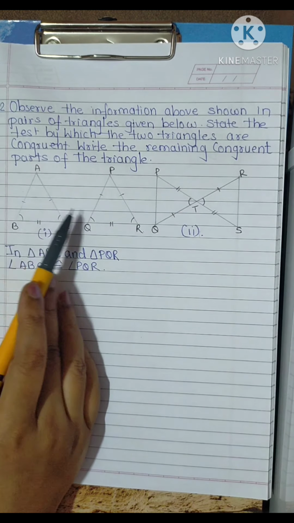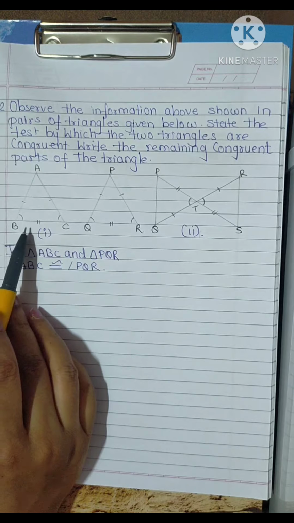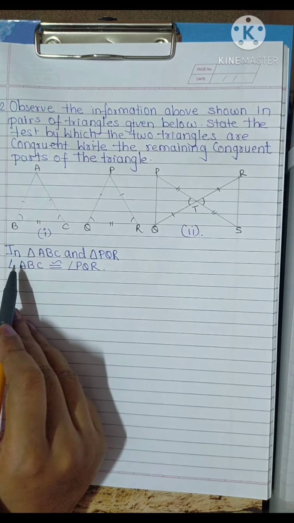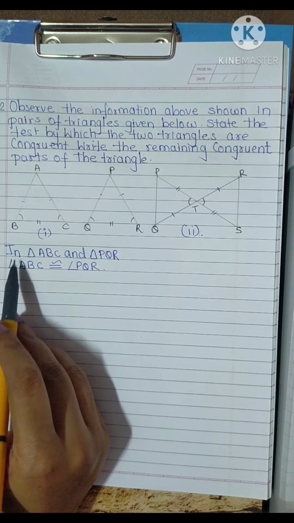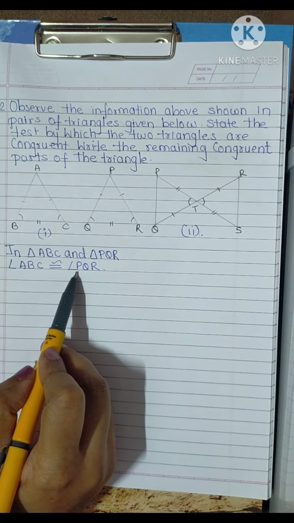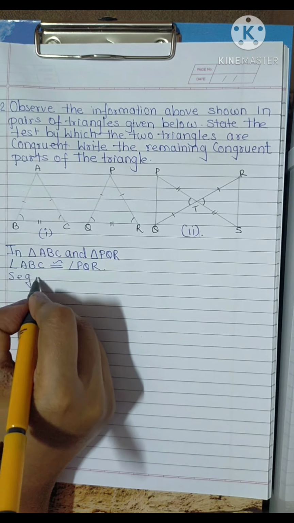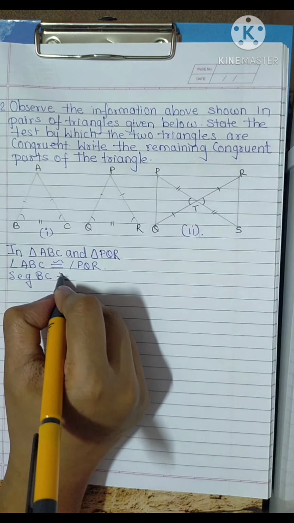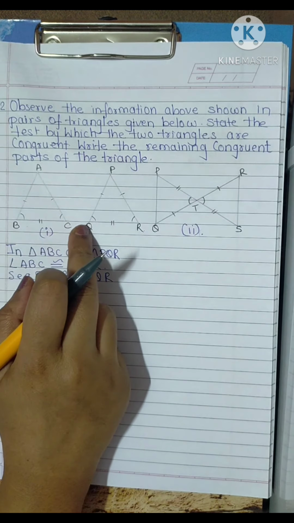First I will write the given conditions for this triangle. In triangle ABC and triangle PQR, angle ABC is congruent to angle PQR. It is given that segment BC is congruent to segment QR.